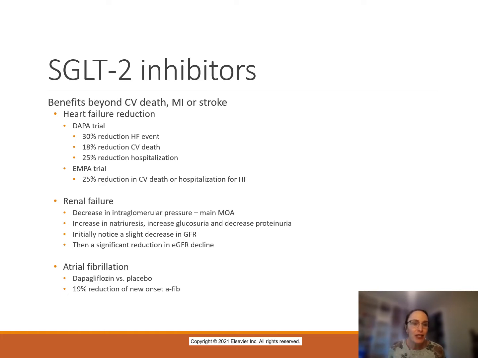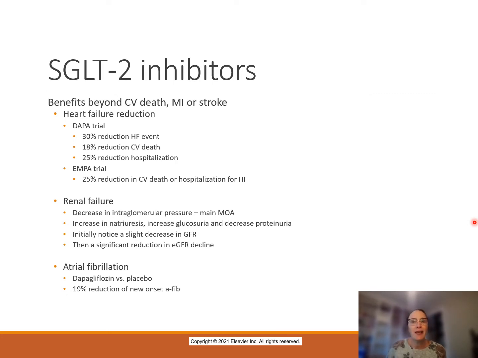If you look here in renal failure, there was a decrease in intraglomerular pressure. That's essentially the main mechanism of action. And then we talked about getting rid of glucose. The patients in the clinical trials that really benefited in terms of kidney disease were patients that had proteinuria. There was such a significant reduction in proteinuria and in time to dialysis, pushing dialysis away, that the kidney docs at our institution are giving them to as many people as they can.